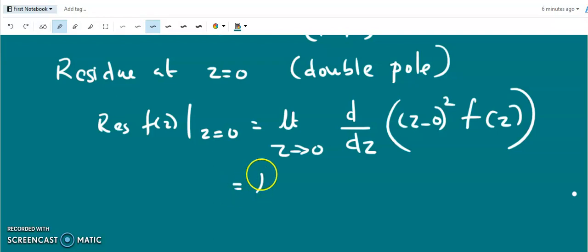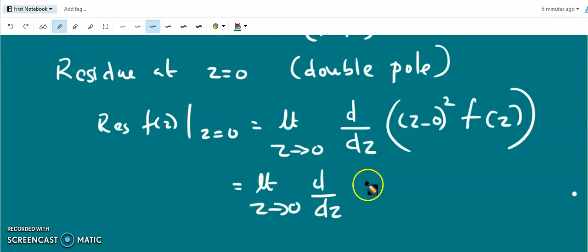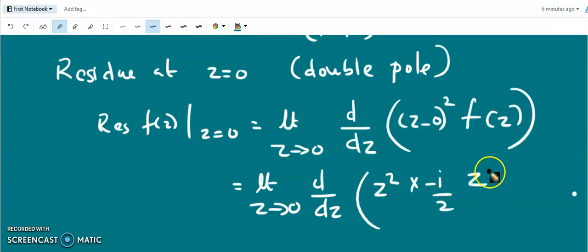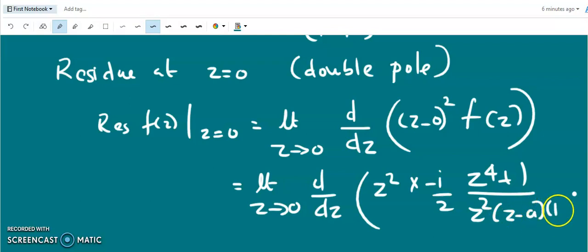So substituting the value of f of z, we get the limit z goes to 0 of d by dz of z square into minus i by 2, z raised to 4 plus 1, divided by z square into (z minus a) into (1 minus az).